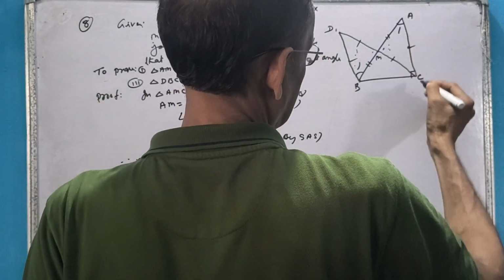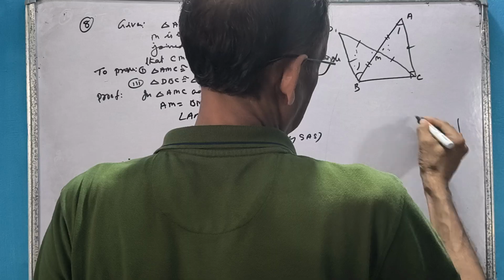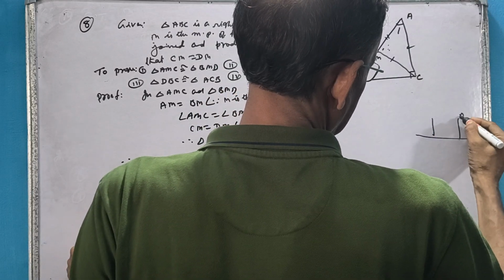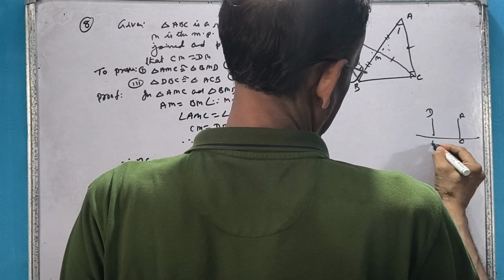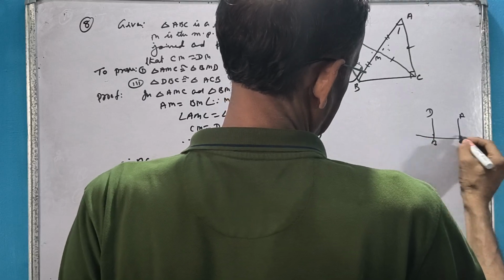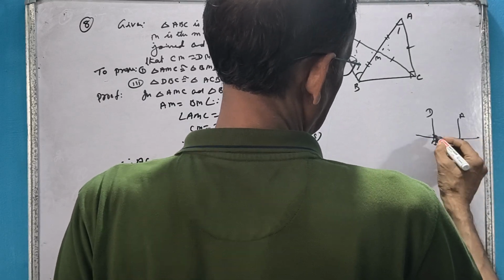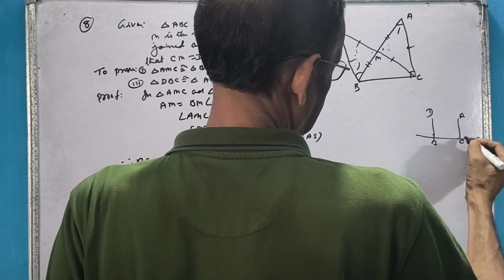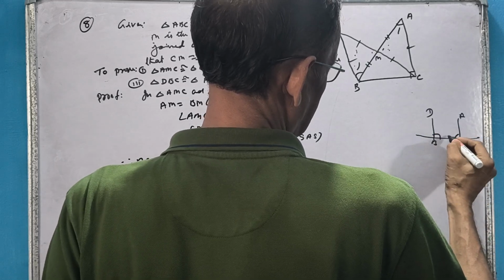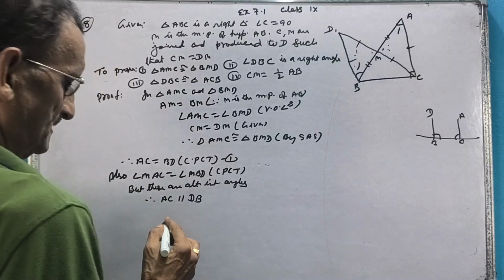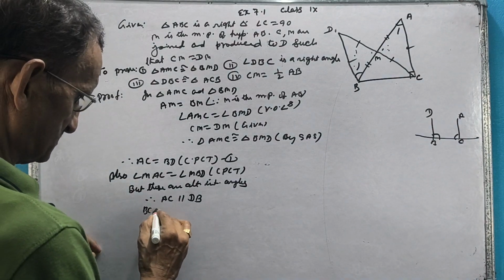Now see here, when we are saying AC parallel DB, what is BC? This is AC and this is DB, parallel. Then BC is the transversal. When two parallel lines are intersected by a transversal, co-interior angles are supplementary. So BC is the transversal.